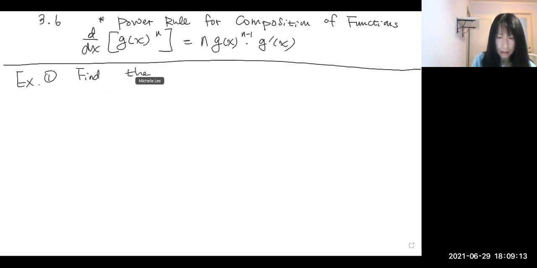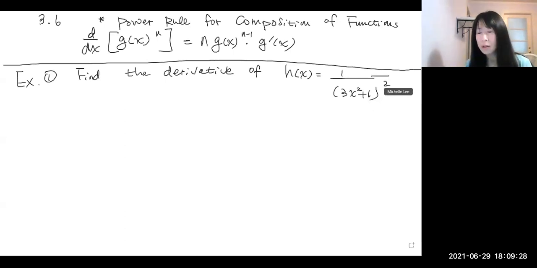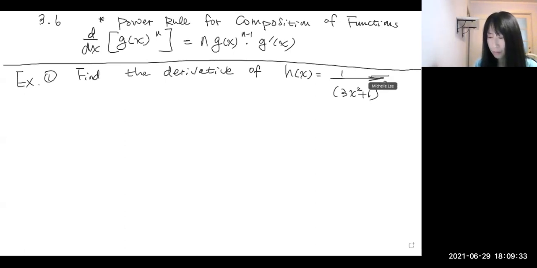Find the derivative of h of x equal to 1 over (3x squared plus 1) to the second power. We had experienced this one: if the numerator is constant, then we can just use a negative power, right?